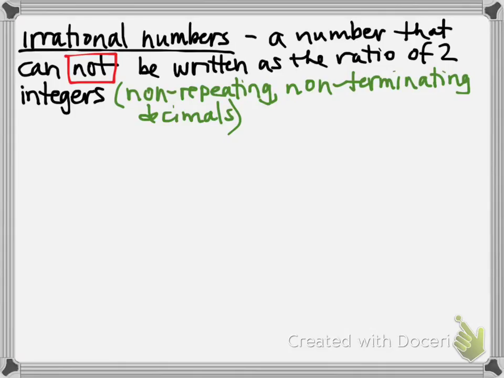So this is going to be the most common way that you would see a number being irrational outside of pi. Give you a hint. It involves this. What's that called? It's a square root symbol.